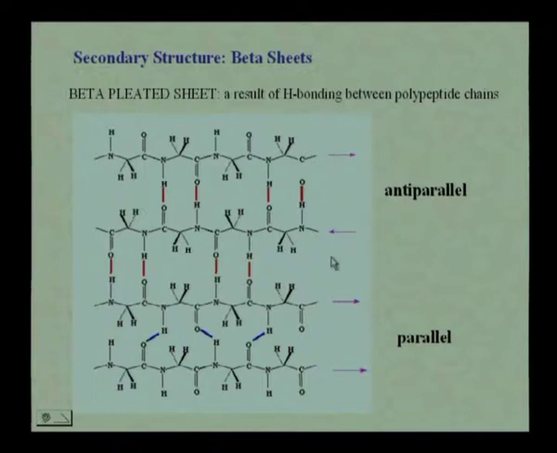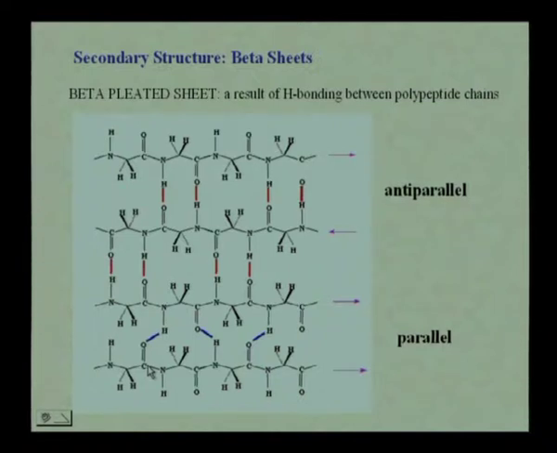Fine. Look at the bottom two strands that we have here. I have N C alpha C, so it is going from left to right. In the bottom strand, I also have N C alpha C, so it is also going from left to right.